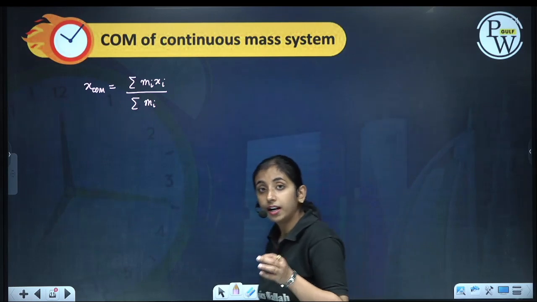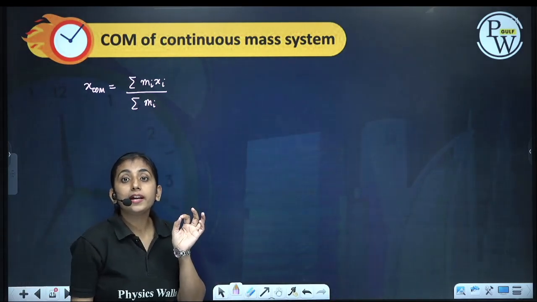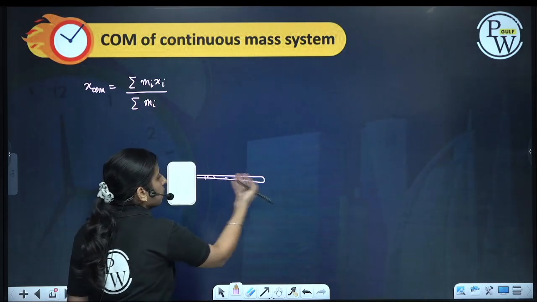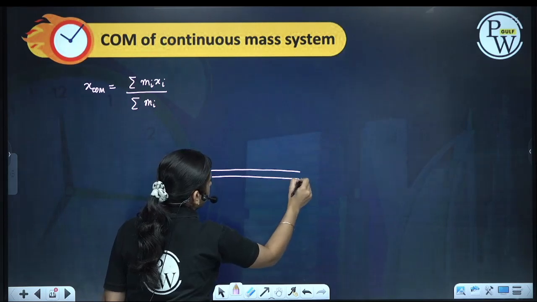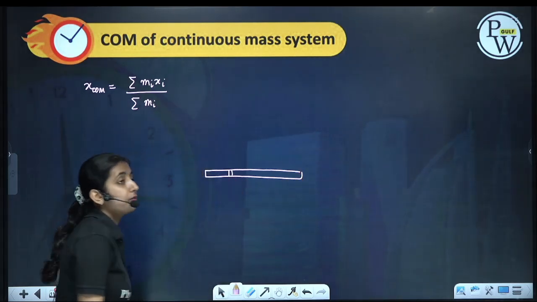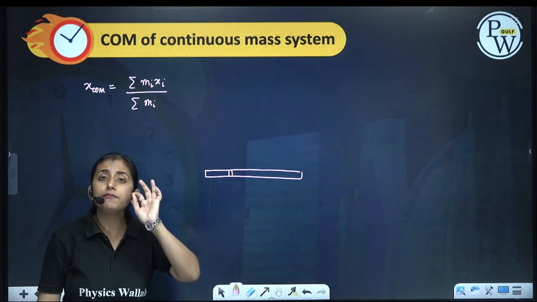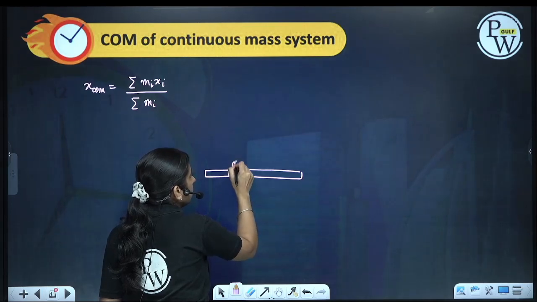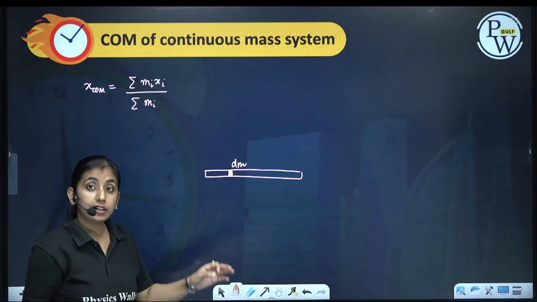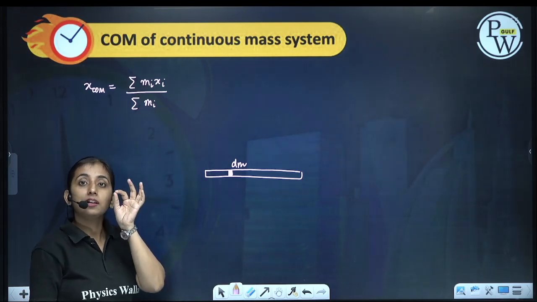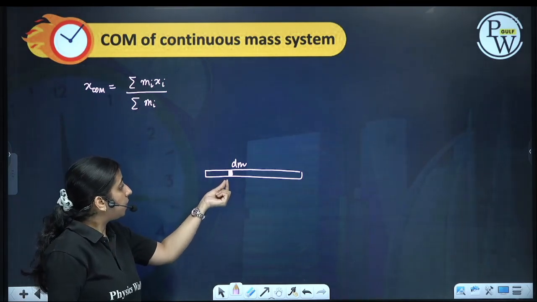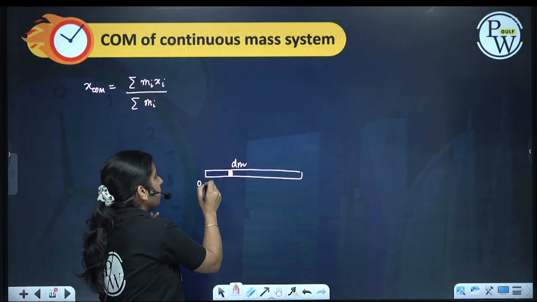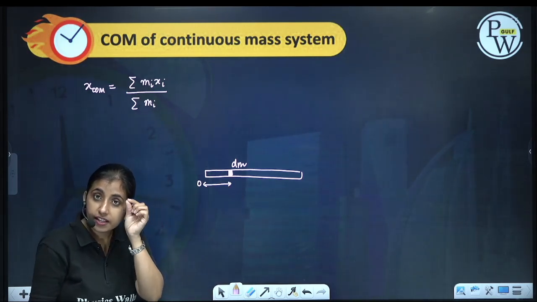Now if we have a continuous mass distribution, like a rod with mass at every point, we divide this rod into infinitely small masses dm. Now we can calculate the center of mass. If we take this as the origin, we can calculate the position of this element dm.